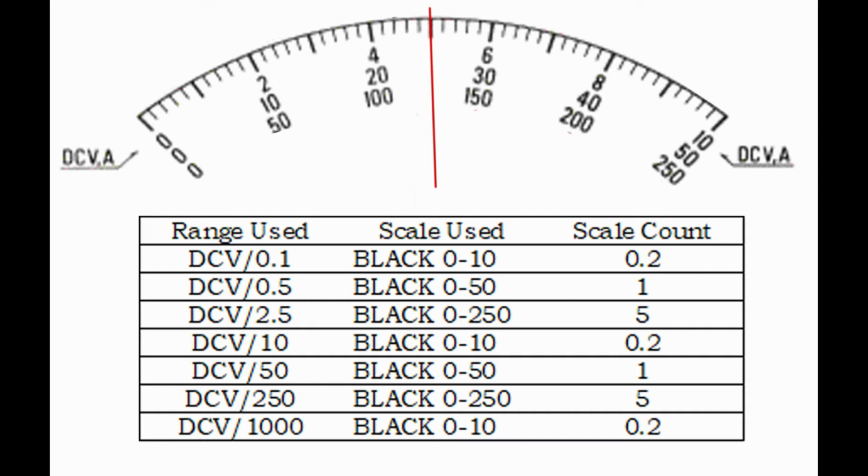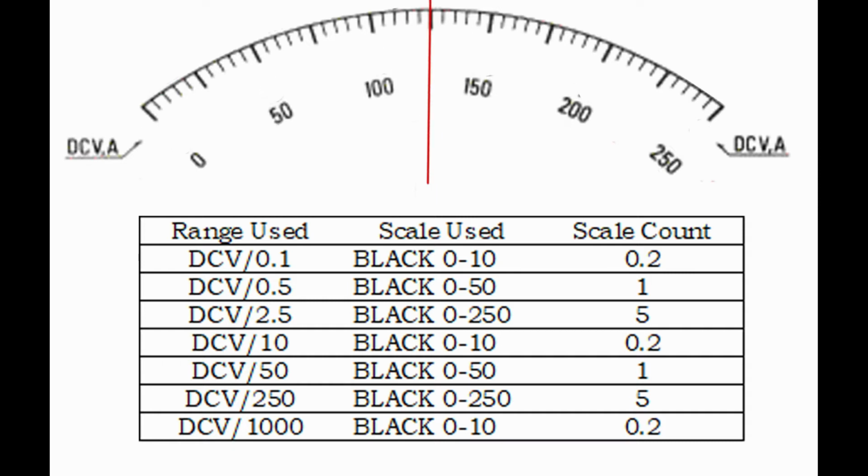Next, the scale of 0 to 250. The scale count of 0 to 250 is 5. For example, the pointer deflects between 100 and 150. What will be the reading? It will be 125. Why?